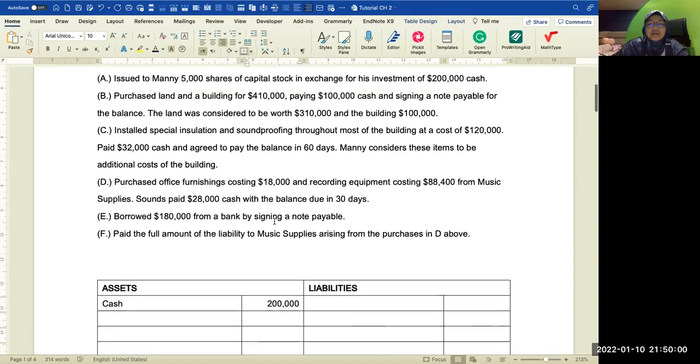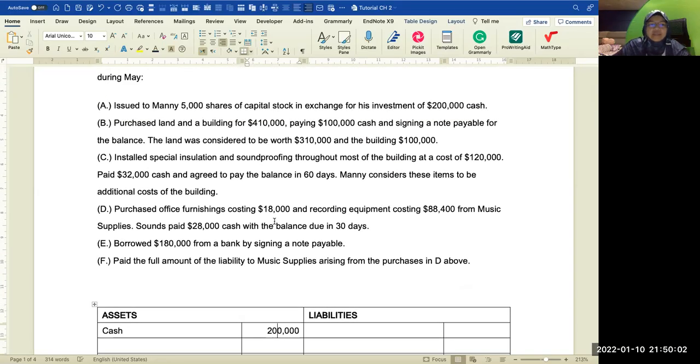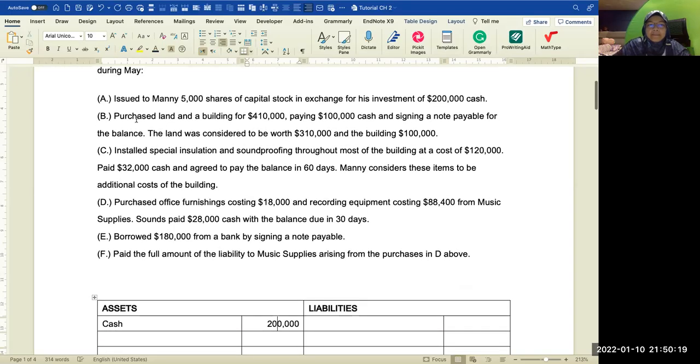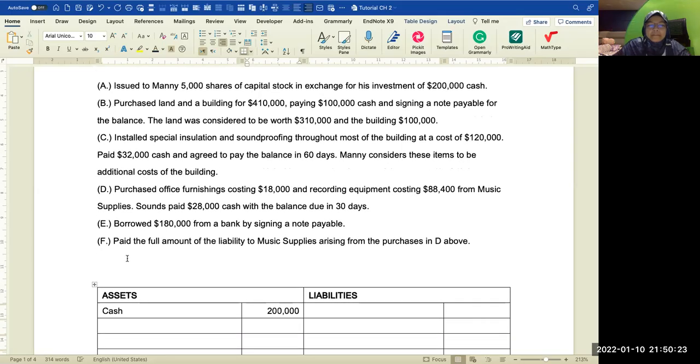All right. Now can we have brother Hani for B? Purchase land and building for 410,000, paying 100,000 cash and signing a note payable for the balance. The land was considered to be worth 310,000 and the building 100,000. So here they will have land and building purchase, which is 410 under assets.